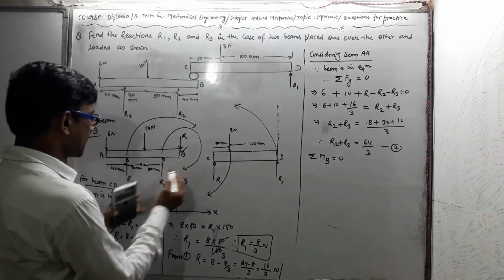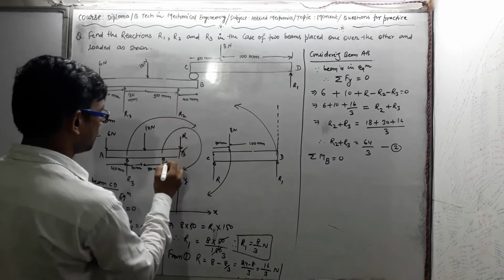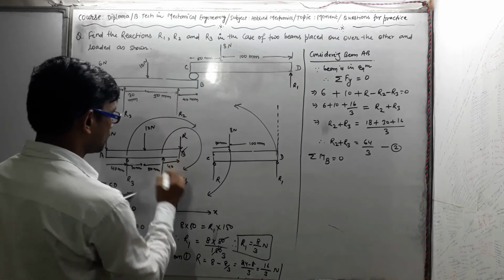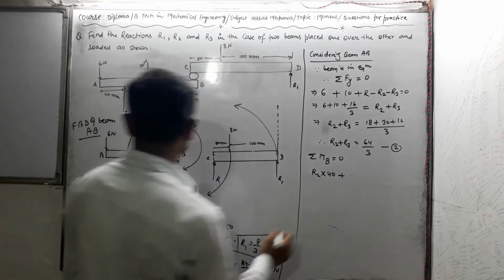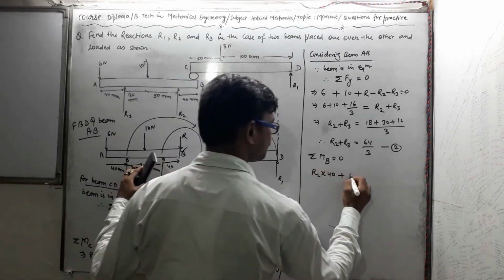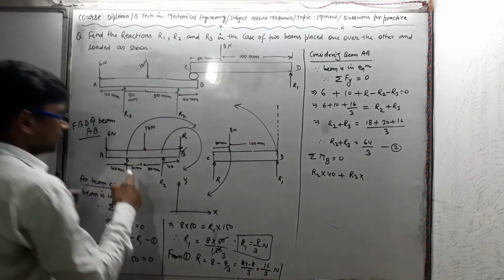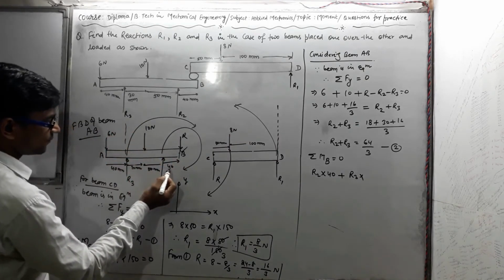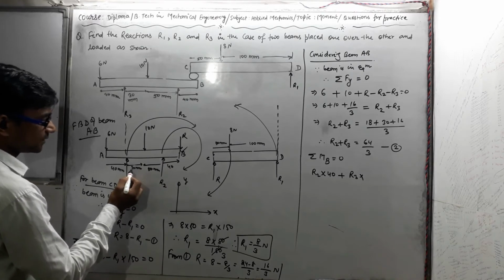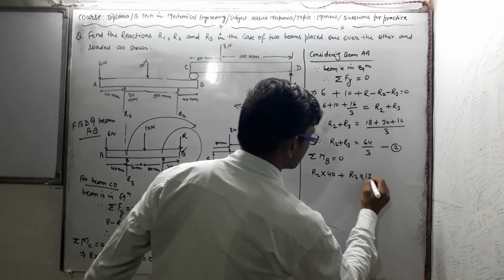So I am considering clockwise moment as positive. R2 multiplied by, what is the distance? This is 40 mm. So R2 multiplied by 40 plus R3 multiplied by, what is the perpendicular distance between the line of action of the force and the moment center? That is 40 plus 50, 90, plus 30, that is 120.